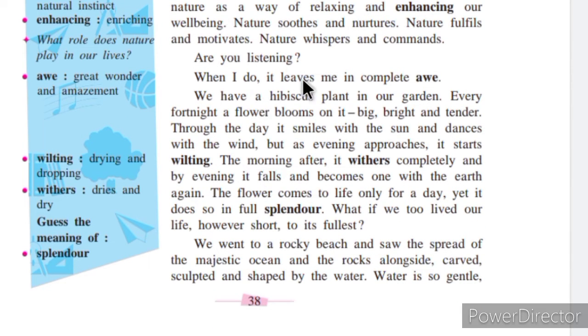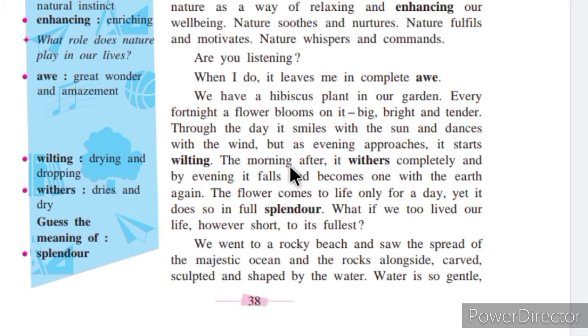When I do, it leaves me in complete awe. Awe means great wonder and amazement. We have a hibiscus plant in our garden. Every fortnight, a flower blooms on it, big, bright, and tender. Through the day, it smiles with the sun and dances with the wind. But as evening approaches, it starts wilting.